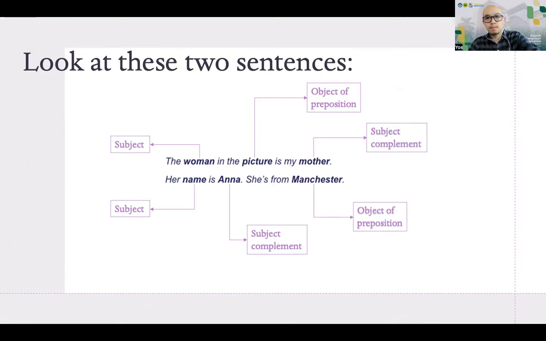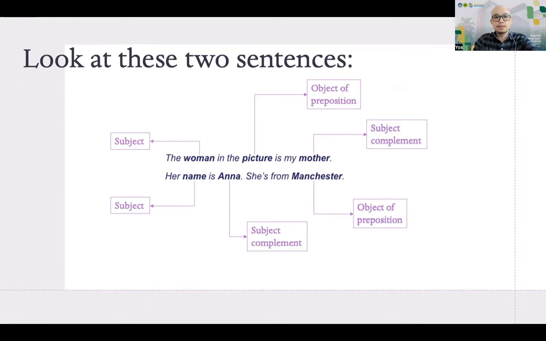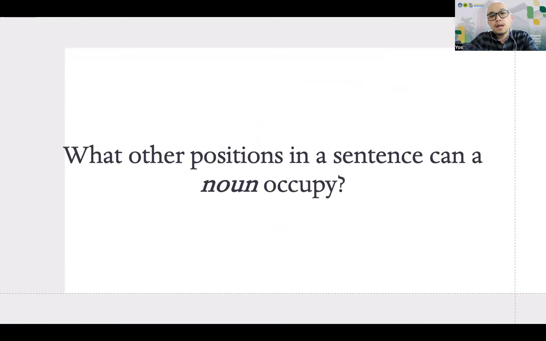There are other positions that can be occupied by a noun in a sentence. So, what other positions in a sentence can a noun occupy? You can look it up in your browser. With the help of your browser, look it up on the internet, and you can enrich your knowledge regarding the positions in a sentence that a noun can occupy.